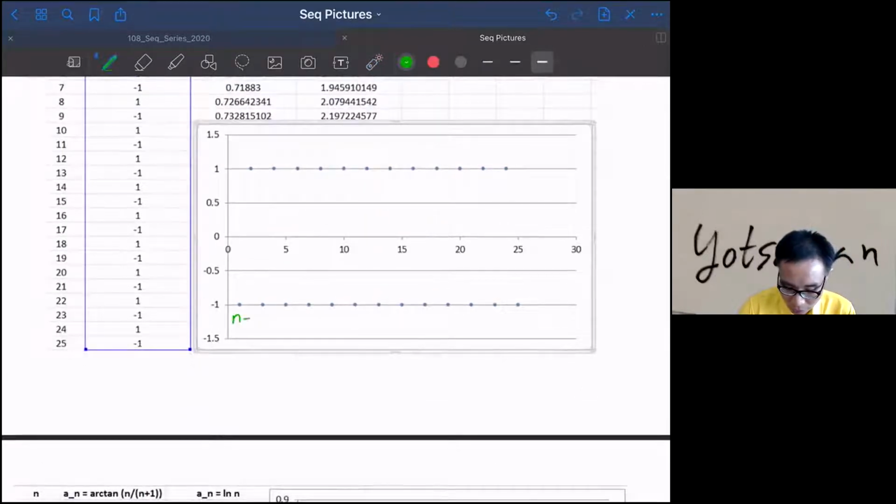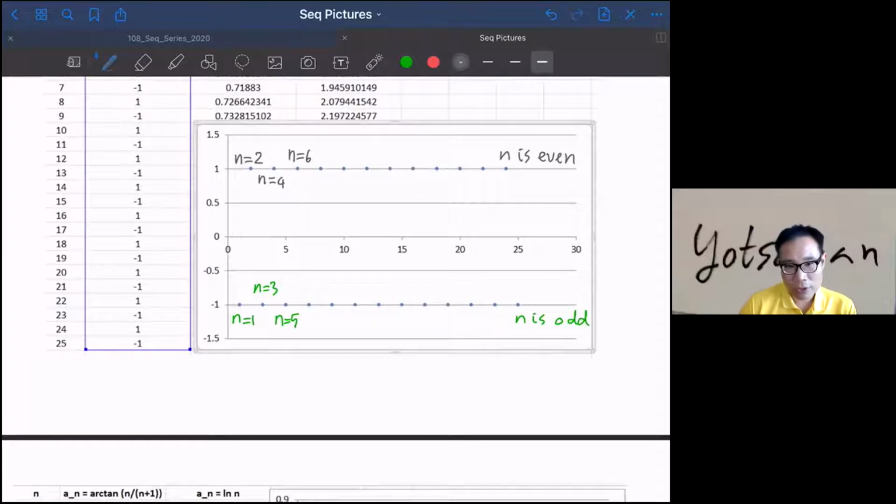So n equal to 1, n equal to 3, n equal to 5, where n is odd, it turns out to be -1. And for n equal to 2, n equal to 4, n equal to 6, where n is even, it's going to be +1, so it's going to be 1.